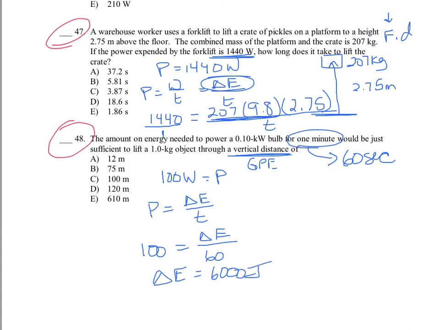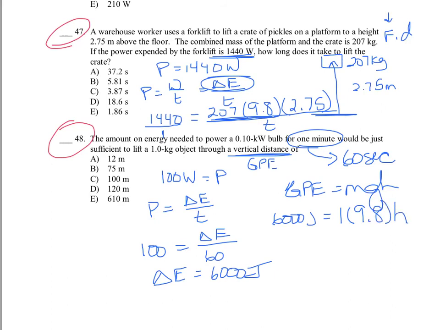And that's going to equal our gravitational potential energy, which is mgh. So 6,000 joules is equal to 1 times 9.8 times h.